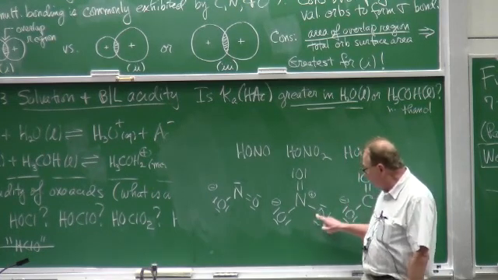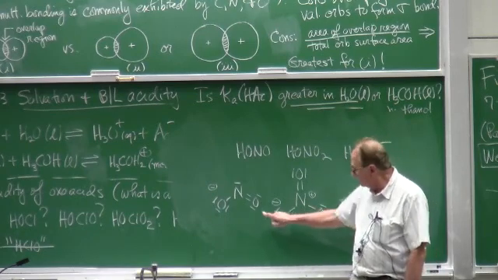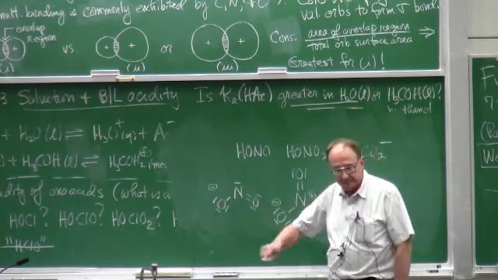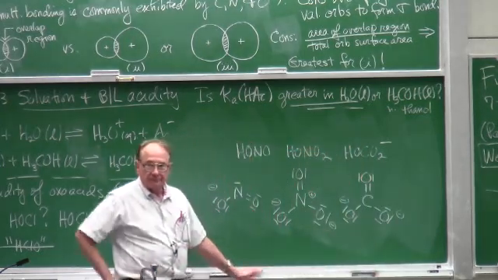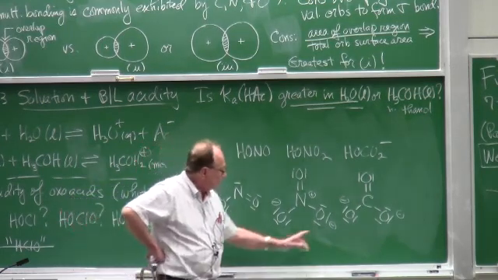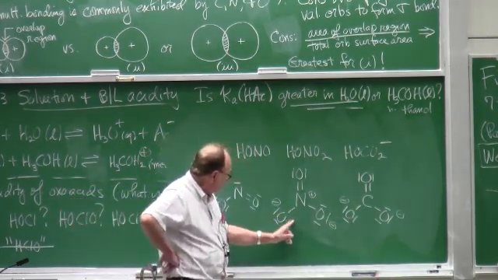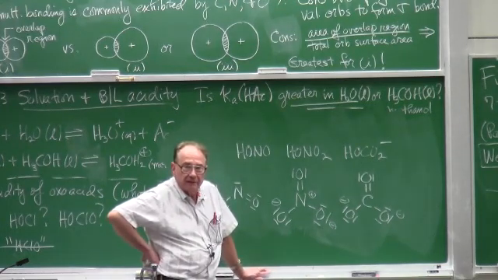By resonance, you're spreading this negative charge over 4 atoms. Here only 3. Now what about carbonate ion? How do you think resonance stabilization of negative charge density by carbonate ion compares to that for nitrate ion?